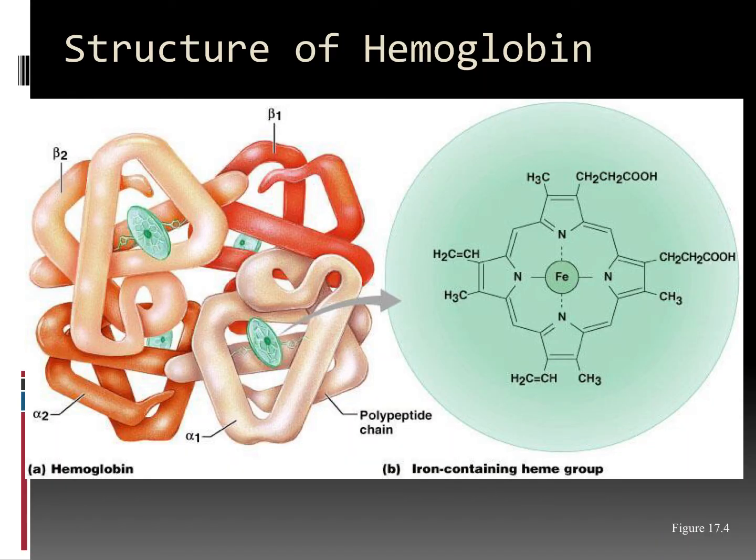And here is the structure of hemoglobin. We're going to talk more about this next week when we talk about malaria and sickle cell anemia. But you can see there's 4 protein chains, 2 alpha and 2 beta, and they associate together to make this cloverleaf shape.